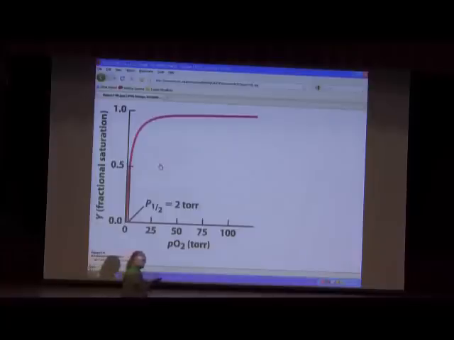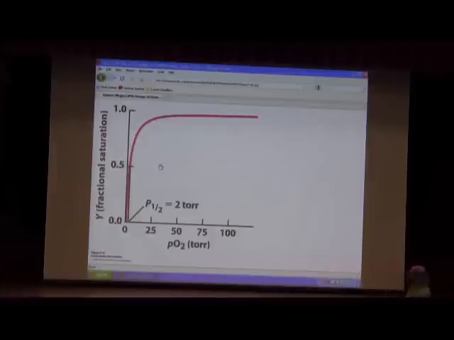Let's look at some graphs, okay? Now, with graphs, as I said before, it's important to understand the axes, understand what's being plotted. We see in this plot that we are measuring the fractional saturation, meaning what percentage or what fraction of all the myoglobin molecules are saturated with oxygen. 1 being 100%, 0.5 being 50%, 0 being 0.